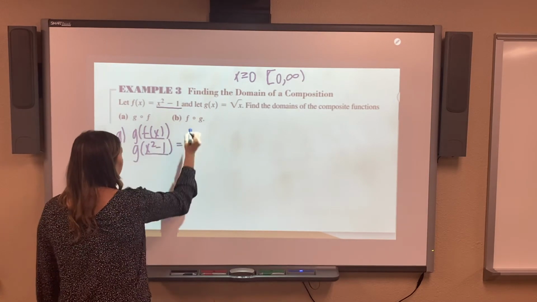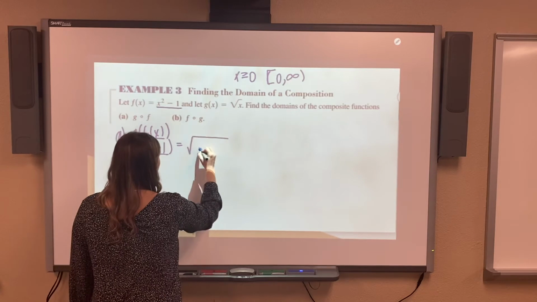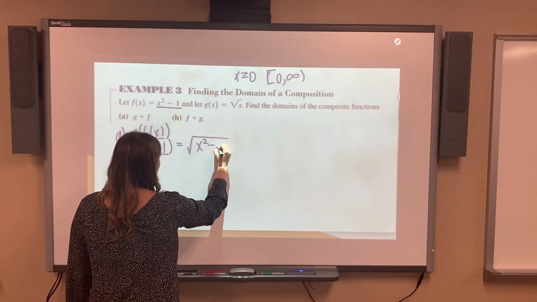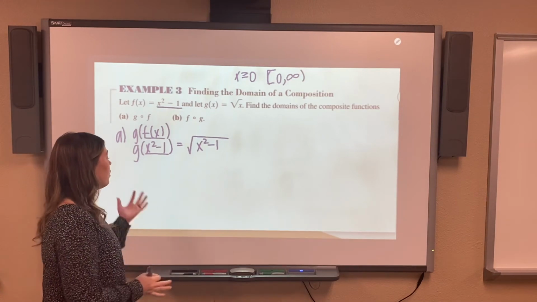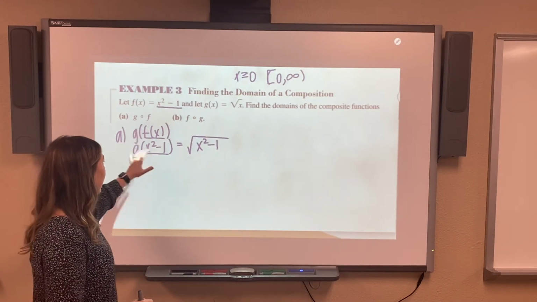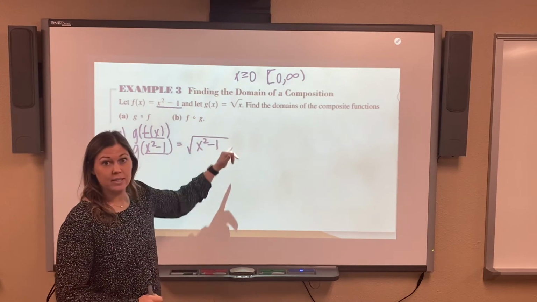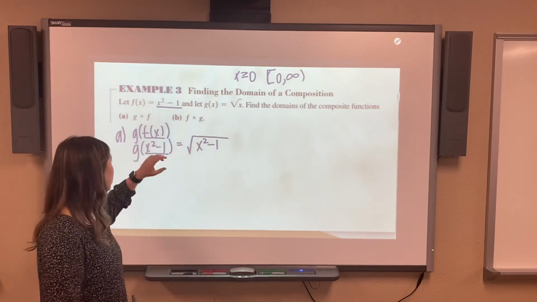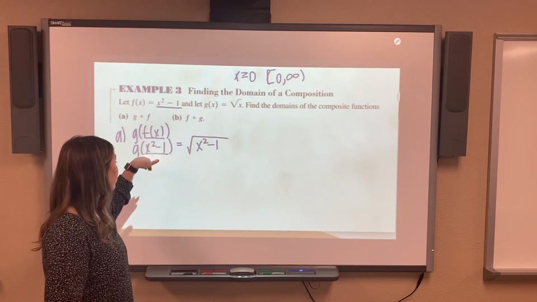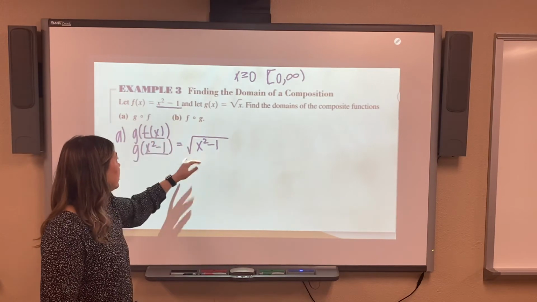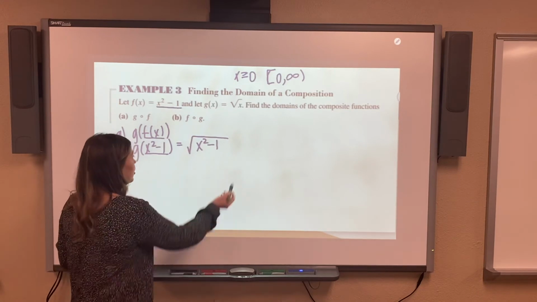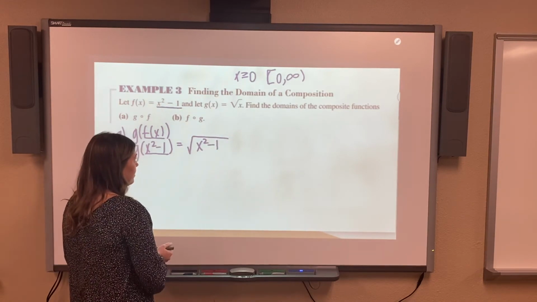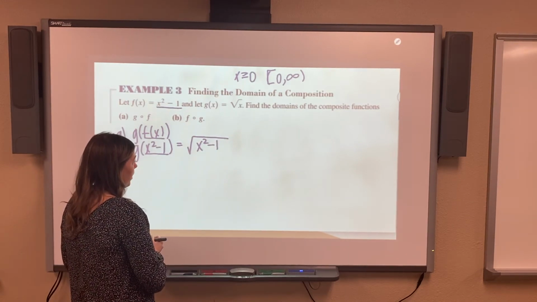So that would be the square root of x squared plus 1. Since we plugged f into g, we just need to look at this domain, because there are no restrictions on the f, so we're good. There were restrictions on the g, which is now this.